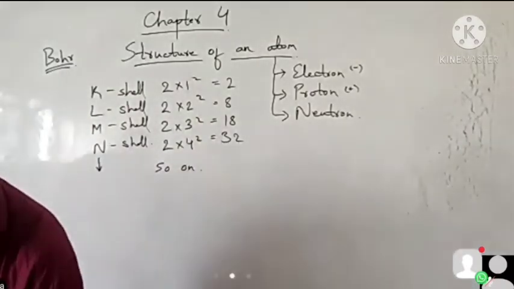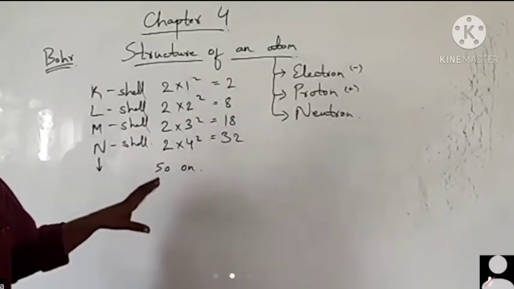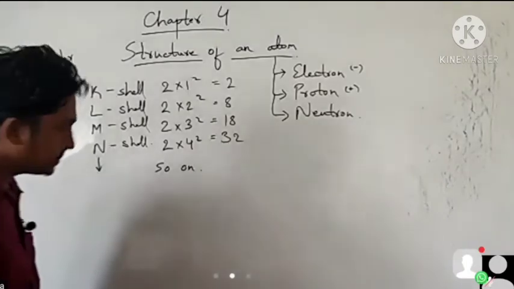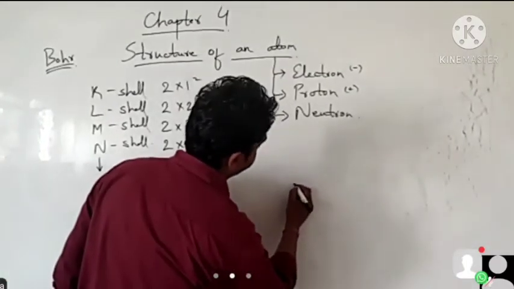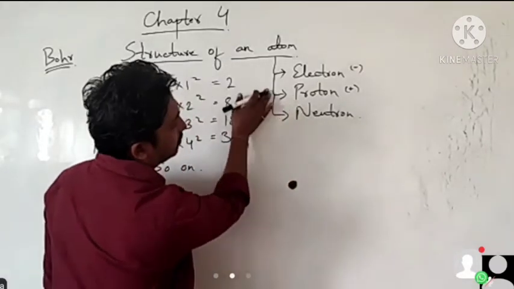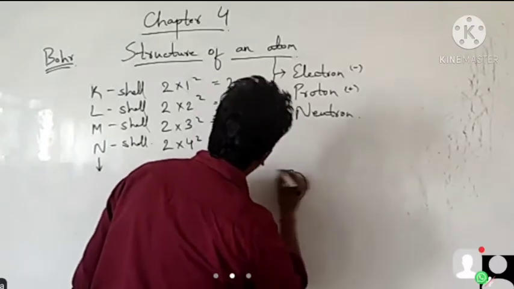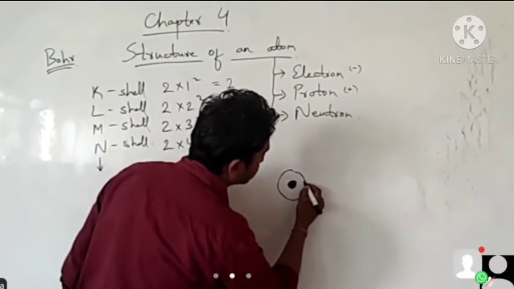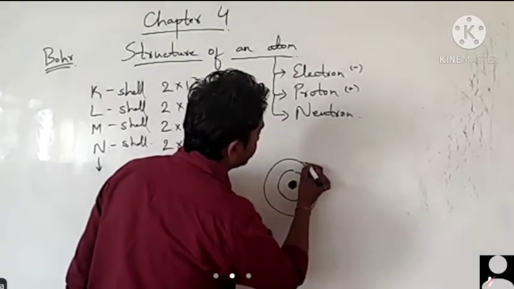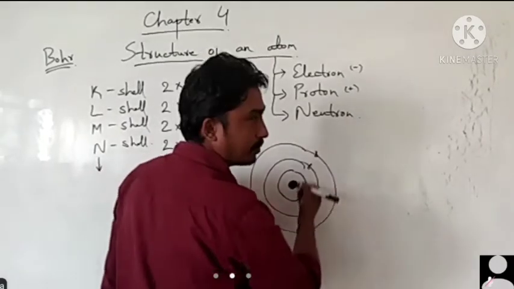So the maximum number of electrons that can be accommodated in the outermost orbit is 8. For example, this is the nucleus, that means a mixture of protons and neutrons, and here we have 2 in the first shell, here 8, here again 8, the maximum number.